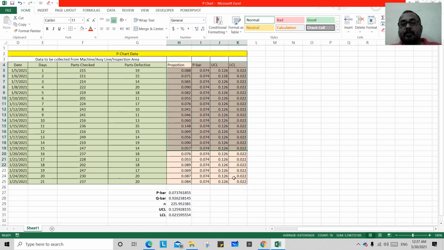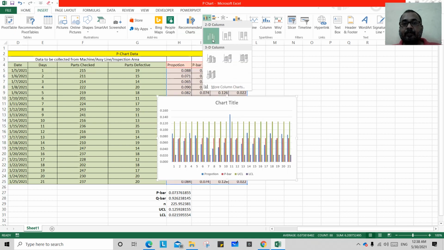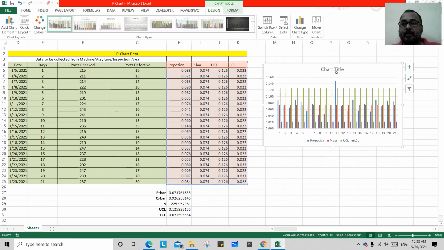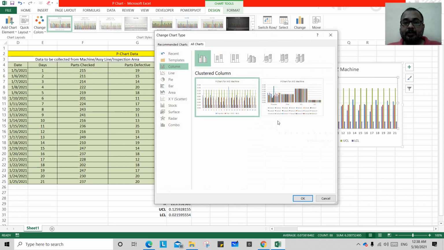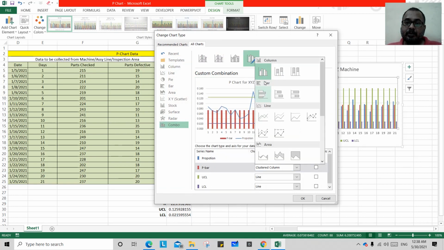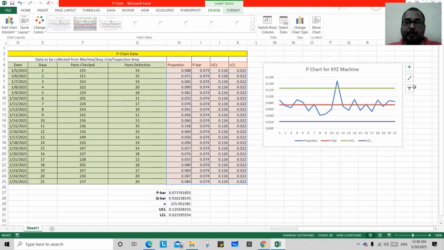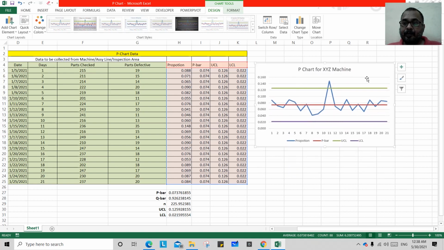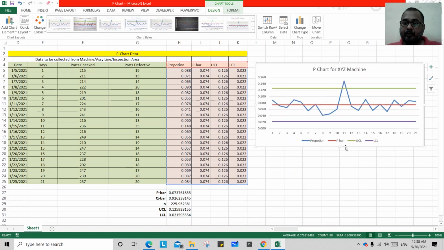So since I have all the data, I will insert a graph. I have given it the name, P chart for XYZ machine. I'll go to chart properties, select combo and convert all the clusters into line. Now see, it gave you a wonderful graph.